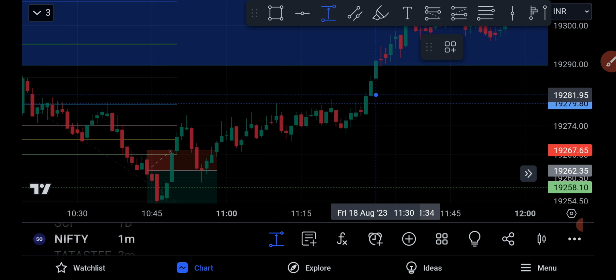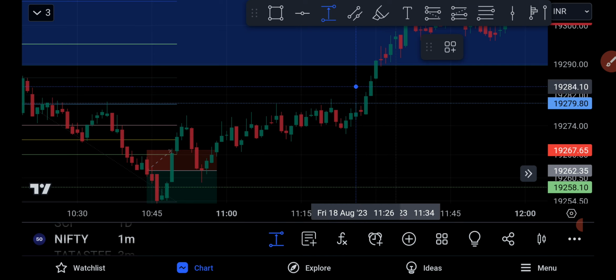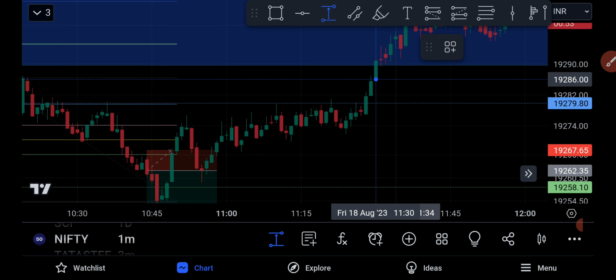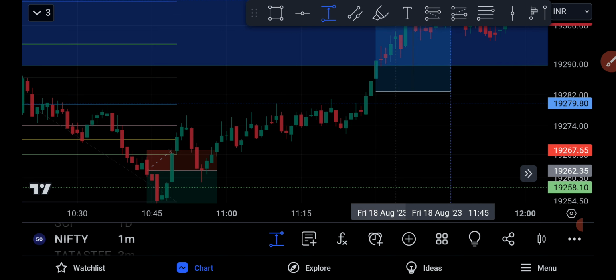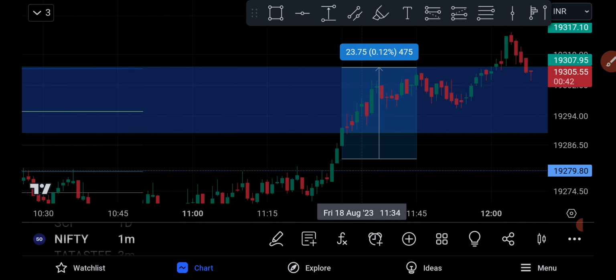So there is no waiting for confirmation. If you wait for confirmation, you will end up entering the trade here. So you can enter the trade here at this candle, and when you enter, you get the target quite easily.